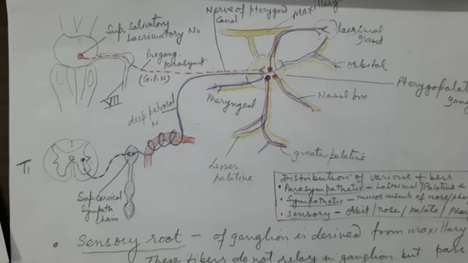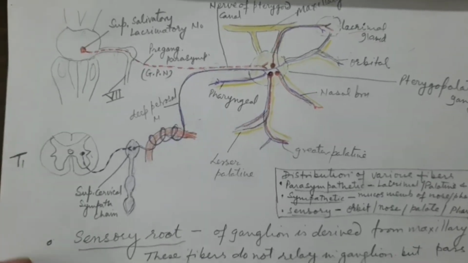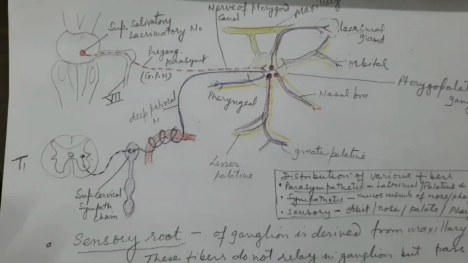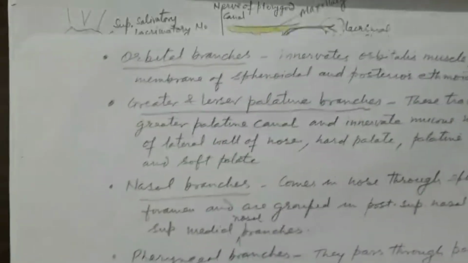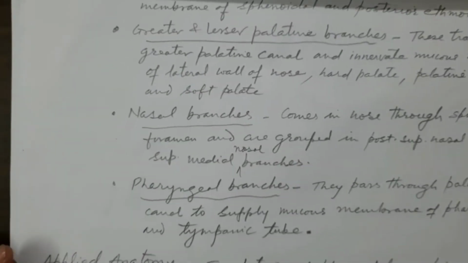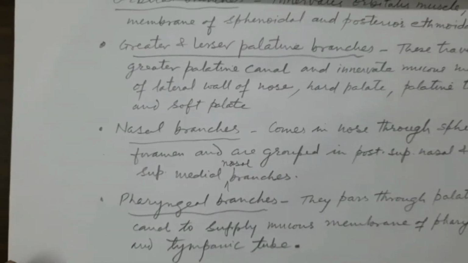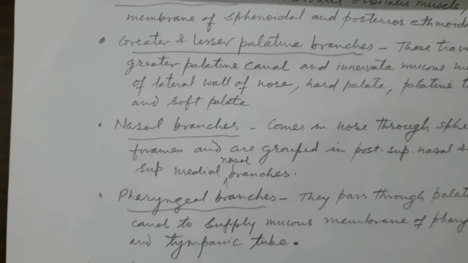Now coming to the applied anatomy after these branches. The applied anatomy is in relation to the irritation of the pterygopalatine ganglion, and this is secondary to allergic conditions.